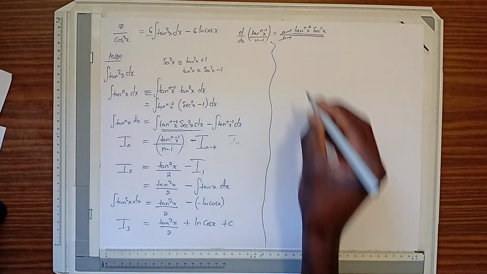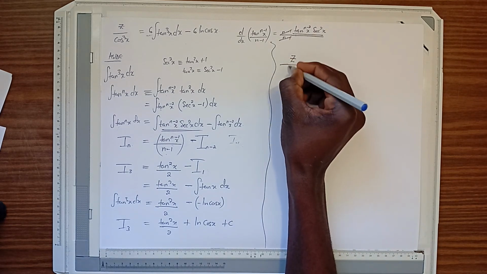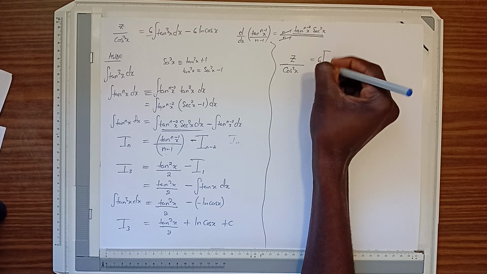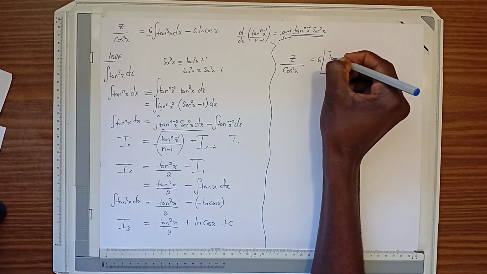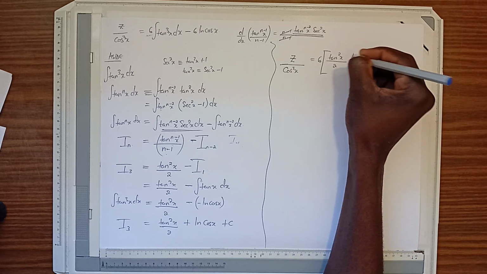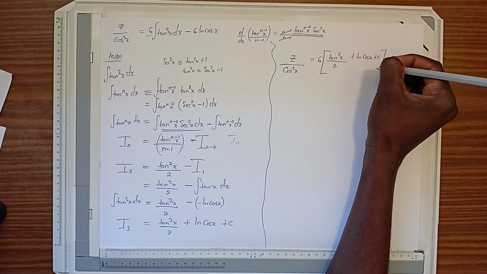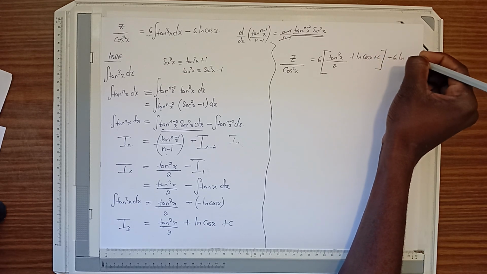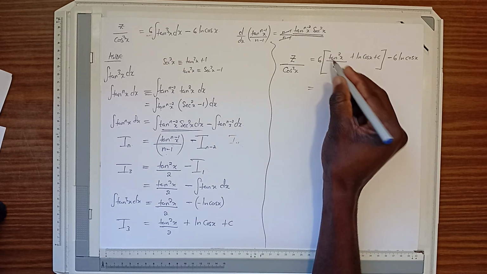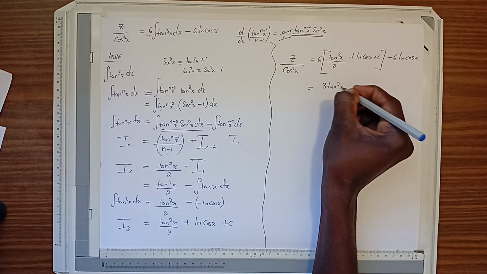When we get this one, we go back to our equation and say z over cos cubed of x is equal to 6, open a square bracket and introduce tan squared of x over 2 plus ln cos of x plus a constant c, minus 6 ln cos of x. So if we multiply by 2 here, we say 3 tan squared of x.